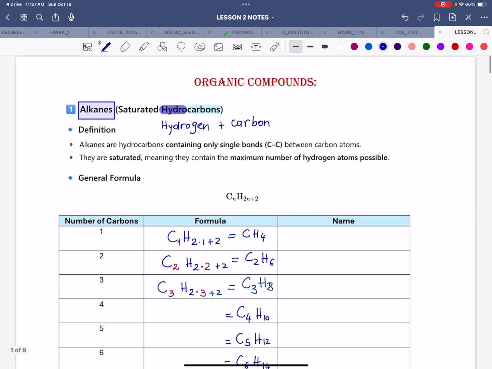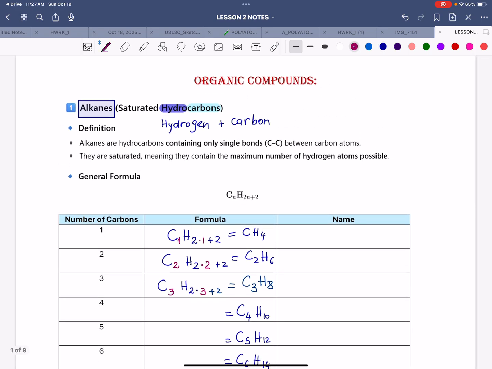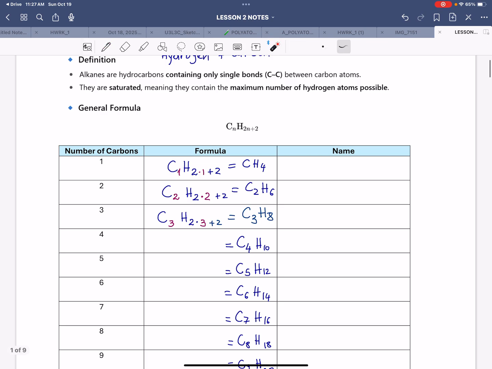Now we're going to name each hydrocarbon. Remember that because these are called alkanes, all the names will end with ane. And based on the number of carbons, the name will have a specific prefix.